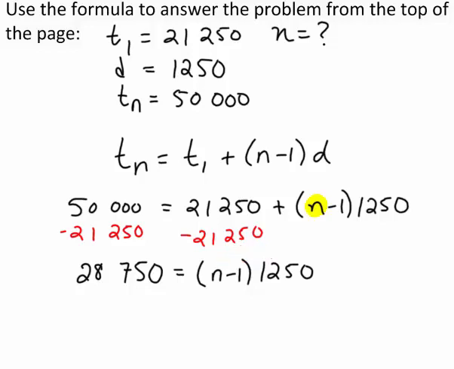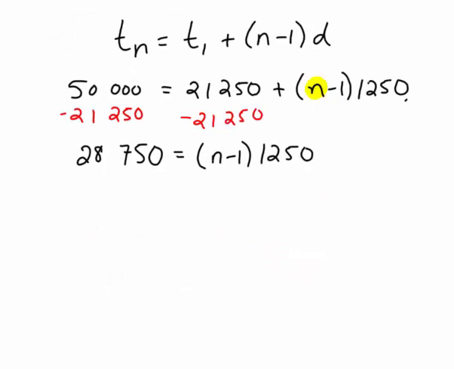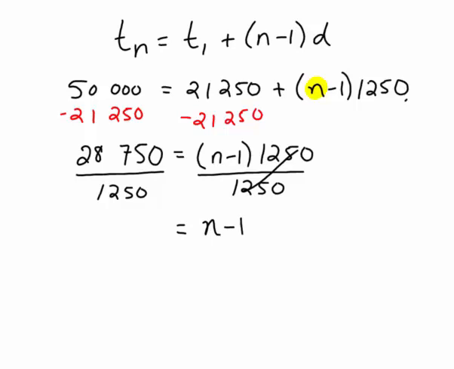So I'm going to go back in time, divide by 1250, same thing to both sides, which will leave us with n minus 1 on the right-hand side, and 23 on the left. So we're really close, but our goal was to get n by itself.